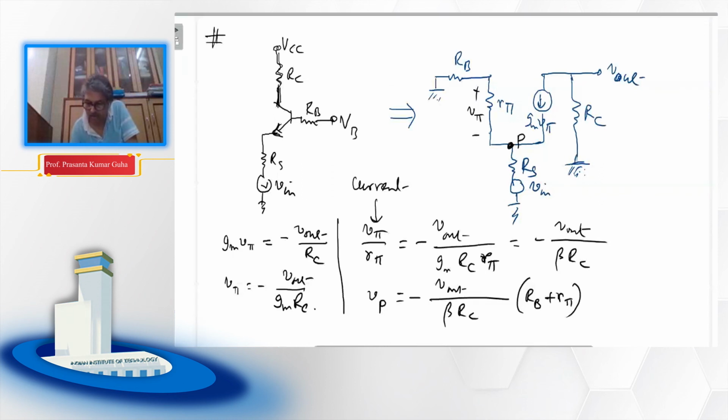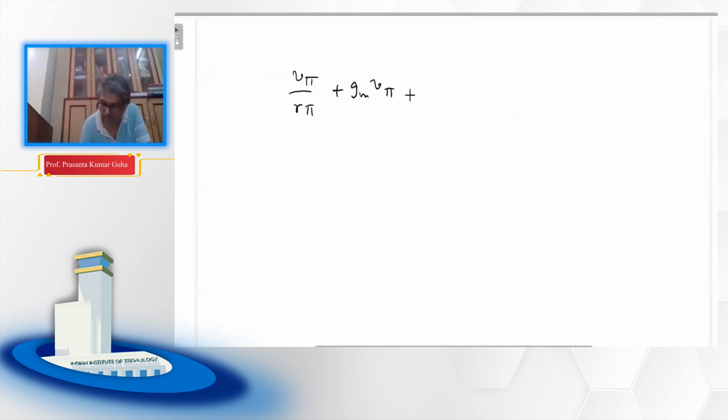So we can relate these two currents with Vp minus V in over RS, right?